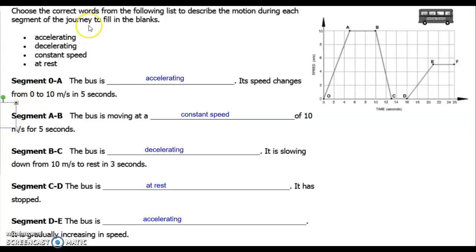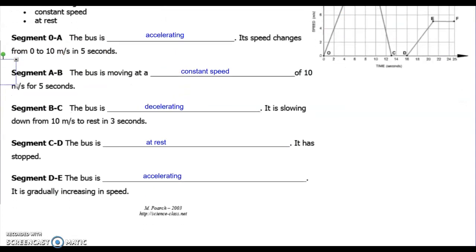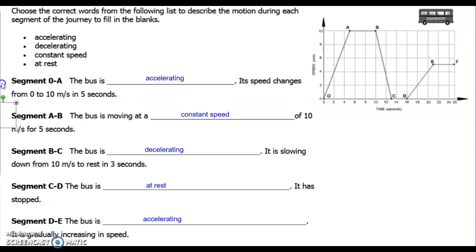Okay, so we have segment OA is accelerating, AB is at a constant speed, BC is decelerating, CD is at rest, DE is accelerating, and EF will be at a constant speed right here, because the speed is continuing. I know that's not on there, that's okay. It's at a constant speed as time passes.